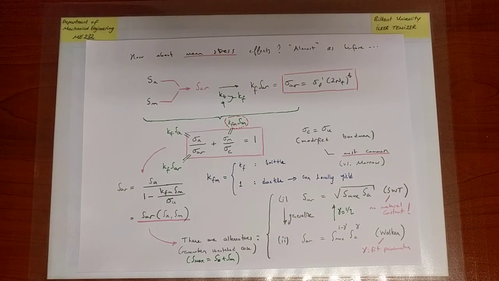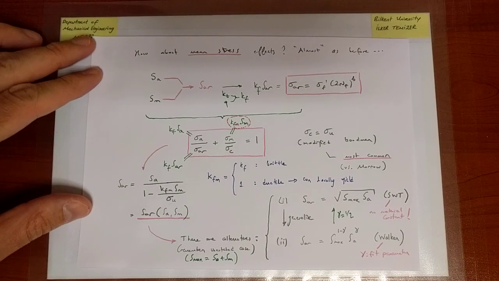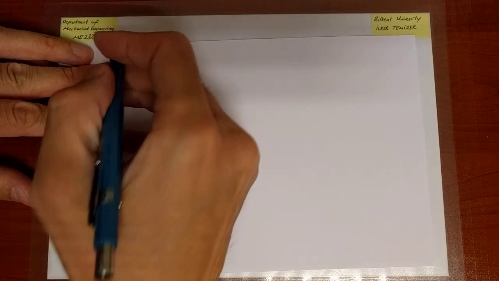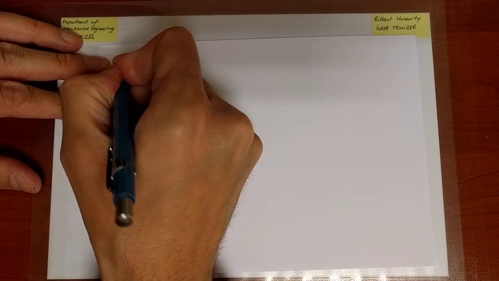Okay, with that understanding of our basic strategy, now we can go ahead and proceed with an example. And the example is going to be based on a notched plate. Let me first depict the setup.